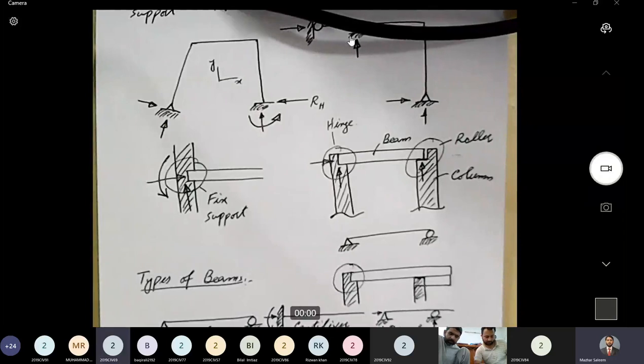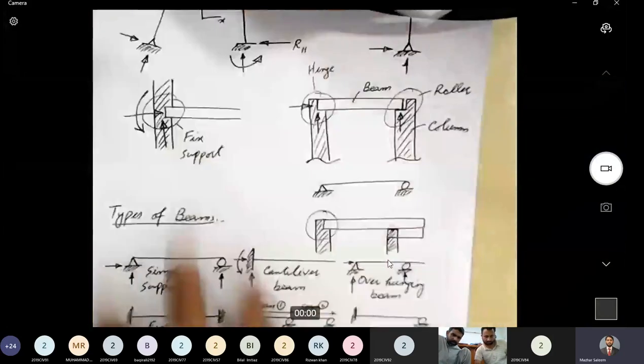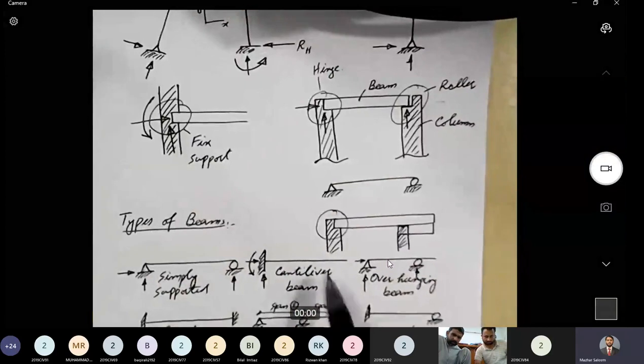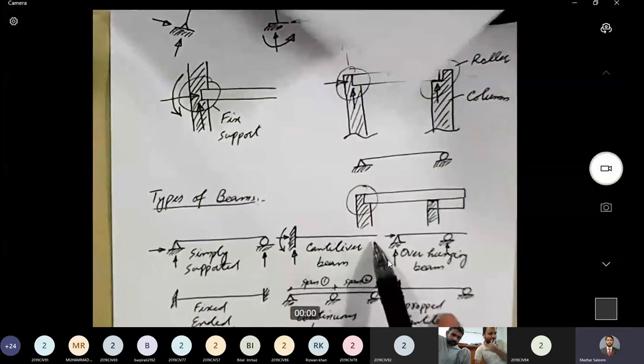All right. I see something in the chat box. What is the difference between a propped cantilever and an overhanging beam? In a cantilever beam, one end has a fixed support and the other end of the beam is free.